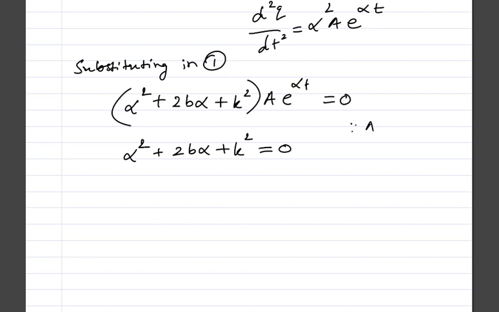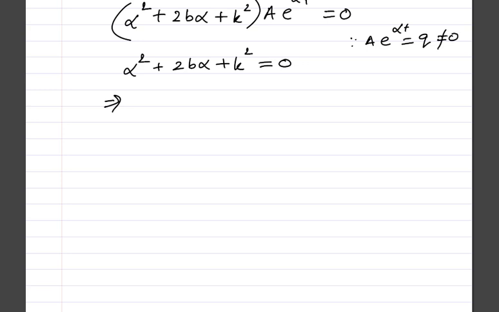Since A e to the power alpha t, which is Q, is not equal to 0, the other term has to be 0, and this is a quadratic equation in alpha. So that gives alpha is equal to minus b plus or minus square root of b squared minus k squared, the two roots of the equation.